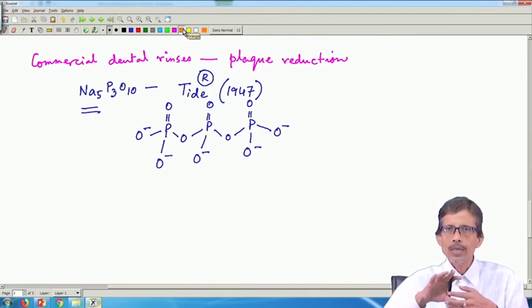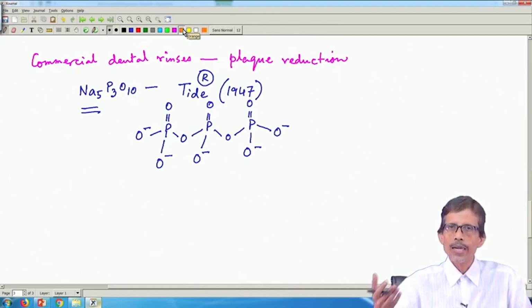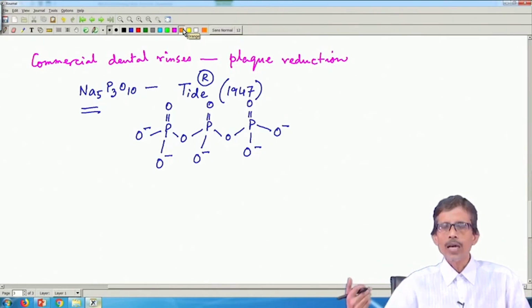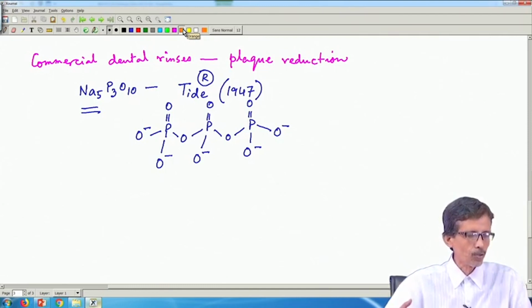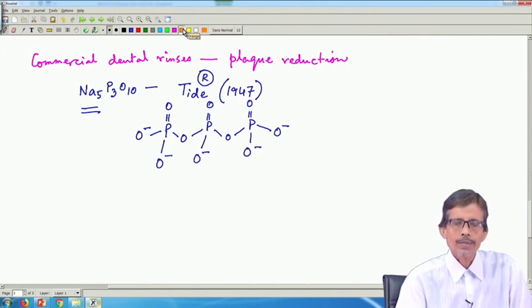They can release one phosphate group, giving adenosine diphosphate. Even in our body, we do these conversions all the time, from phosphate to diphosphate to triphosphate and again back to diphosphate or monophosphate.